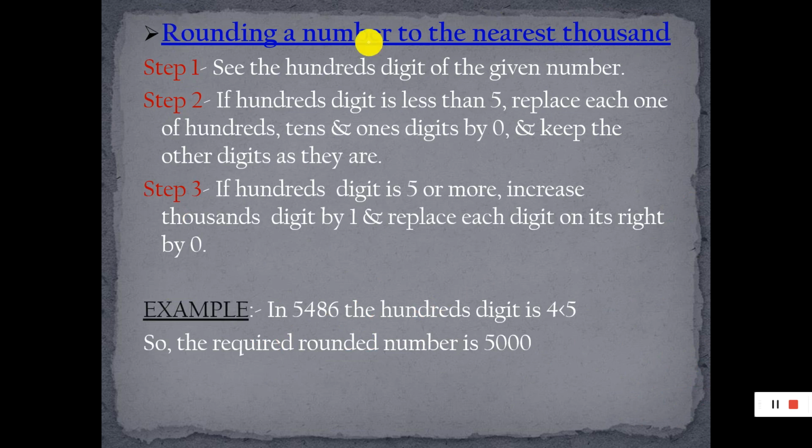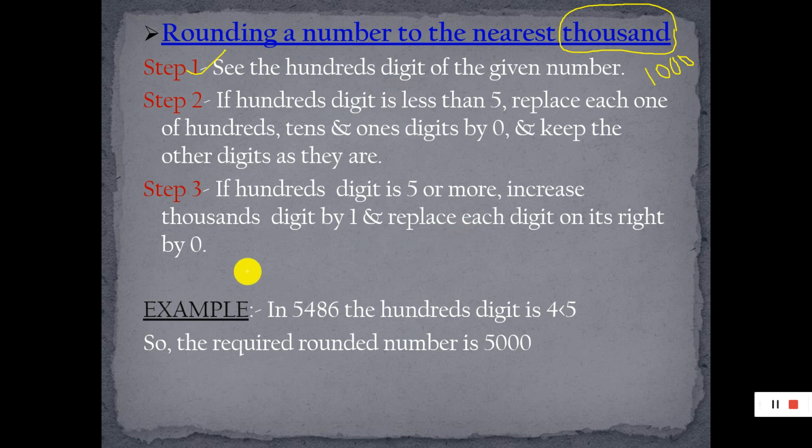And the third is rounding a number to the nearest thousands. In tens, hundreds and thousands there are only 3 steps. Step by step you can do it very easily.